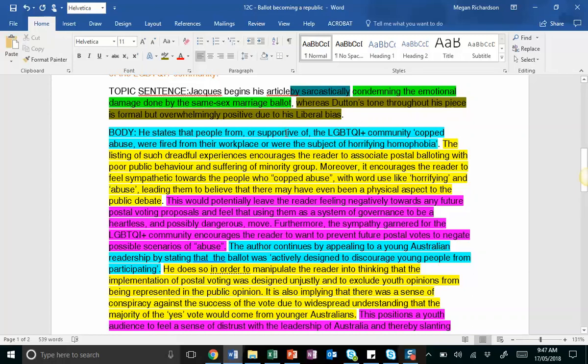All right, then the next thing we say is about the subject of horrifying homophobia. A really good comparison to that would be how Dutton says that wasn't really a thing. He says it right at the start, where he calls them overhyped claims of people self-harming and people getting abused. That's an excellent comparison, isn't it?